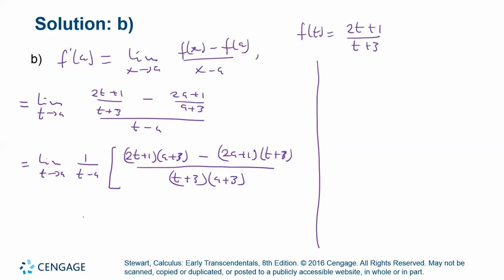So let's multiply the numerator out. Some of the things will cancel out, and then we have 1 over t minus a.